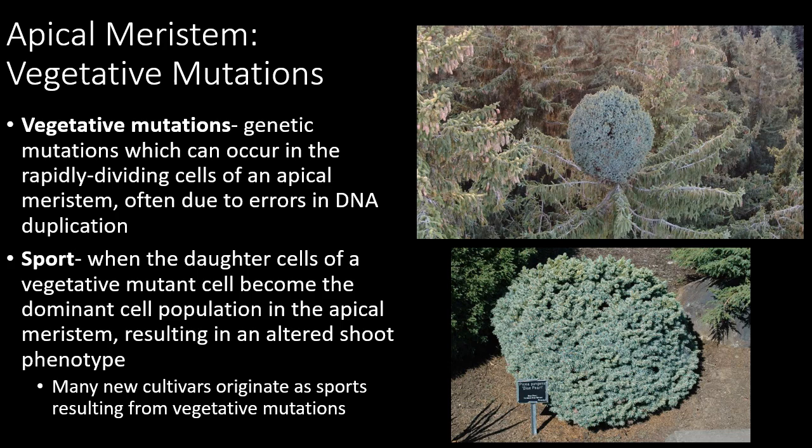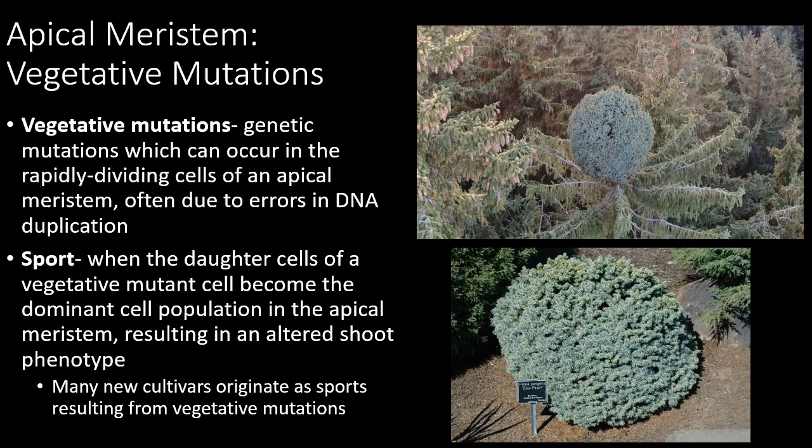It'll appear obviously different, and you can see that in this upper image on this blue spruce. So we have this spruce which is surrounded by a bunch of normal blue spruces, and at its apical meristem, clearly there was an error in DNA duplication in a cell, and then the daughter cells of that mutant cell became the most common cells in that apical meristem.